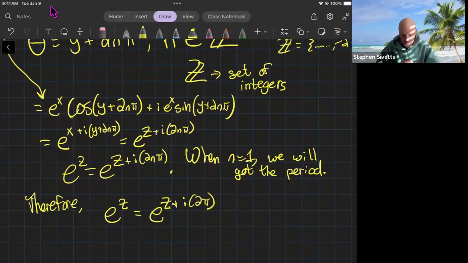So since we have a periodic function, what we need to do now is create a region where the exponential function is well defined. In other words, we want to figure out a restriction for our domain for the exponential function where it's one-to-one. Therefore, we can construct an inverse for that function. Okay.